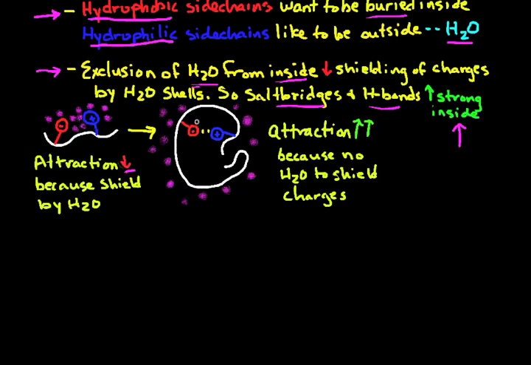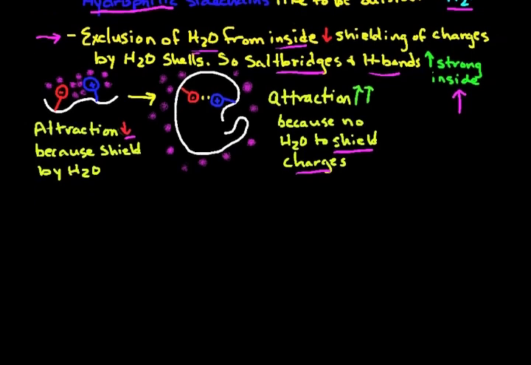That's because you don't have the shielding waters. You don't have those water shells that would be stabilizing the charges and blocking interaction with the oppositely charged residue. So just remember that these guys may seem to be fairly weak when they're on the surface and exposed to water, but on the inside they're much stronger.